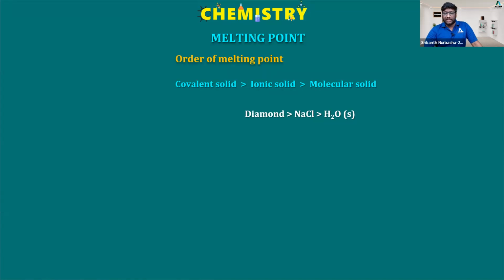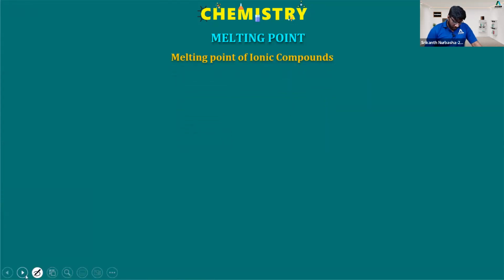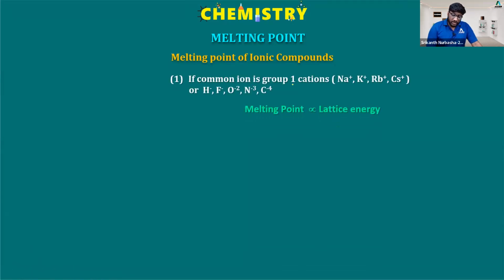Like how we decide thermal stability, in the same way melting point is decided. For melting point of ionic compounds, if the common ion is a group 1 cation like Na+, K+, Rb+, Cs+, or H-, F-, O2-, N3-, C4-, then melting point is directly proportional to lattice energy.